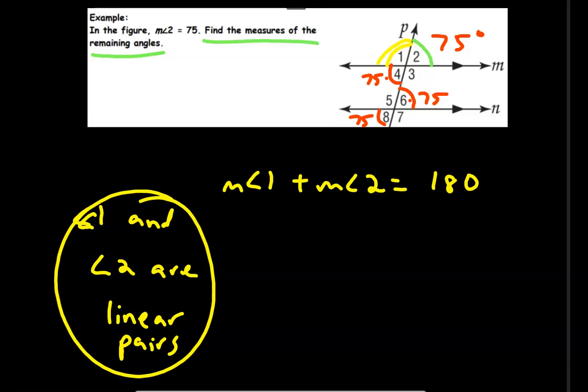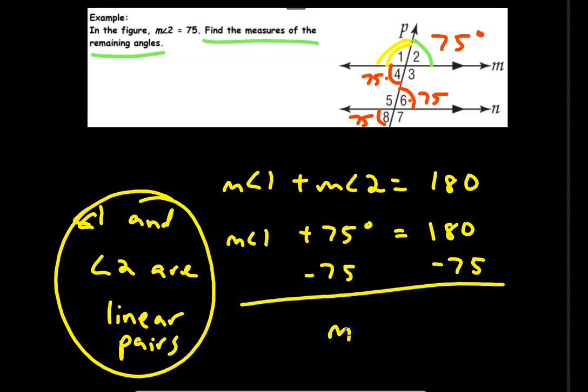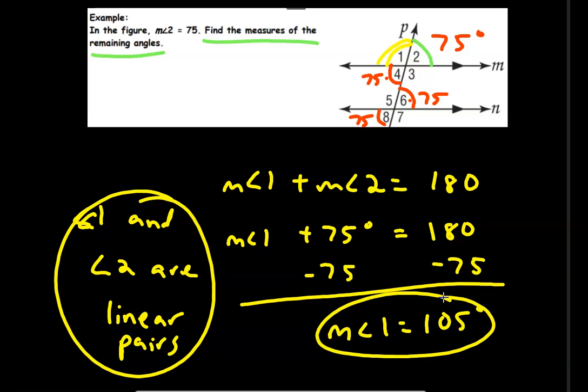If the measure of angle 2 is 75 degrees, then the measure of angle 1 plus 75 is 180. If I subtract 75 from both sides to isolate the measure of angle 1, the measure of angle 1 has to be 105 degrees. So I know that for sure.